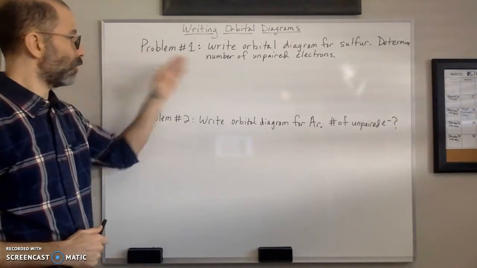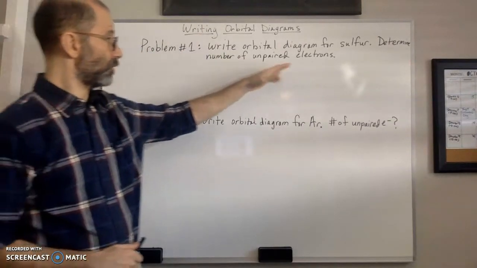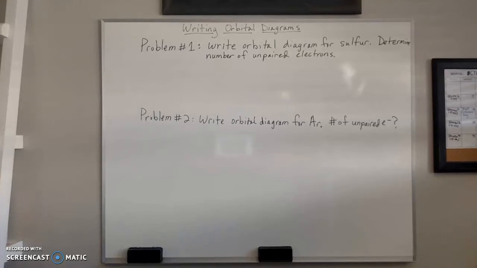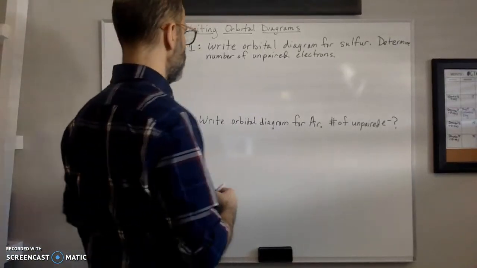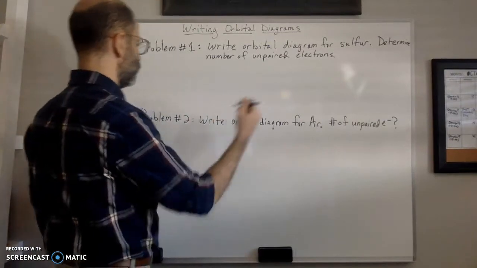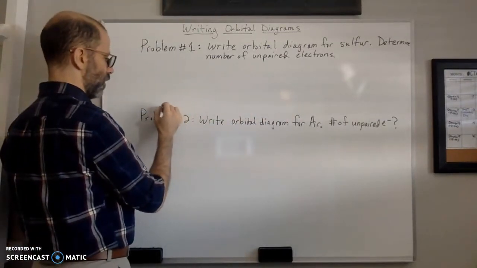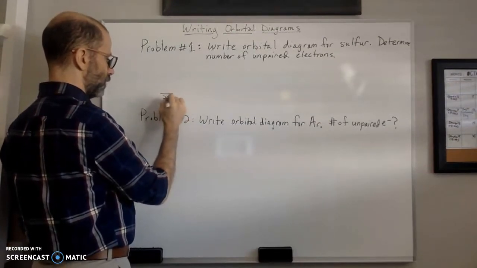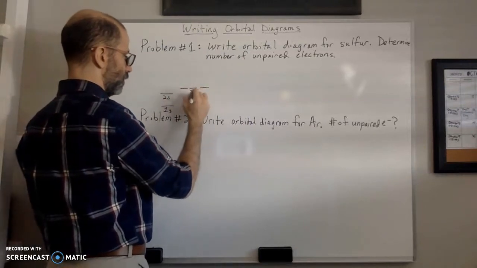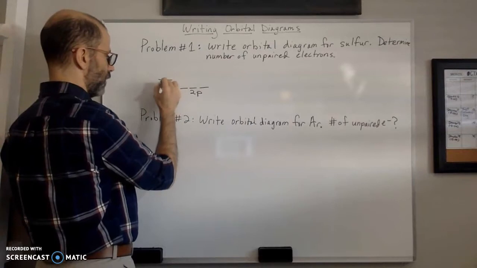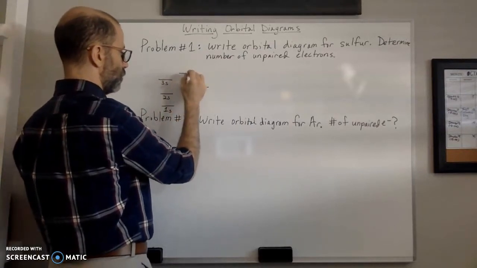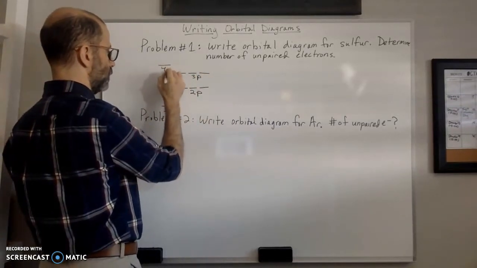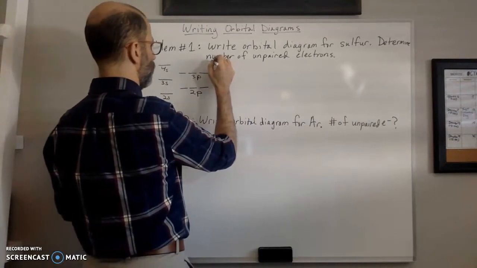Okay, so the first problem is asking you to write an orbital diagram for sulfur. So we need to know how many electrons sulfur has. So we look it up, and sulfur has 16 electrons. If we're going to do our orbital diagram, remember the 1s is the lowest, followed by the 2s, and then you have the 2p, and then the 3s, and then the 3p, and then the 4s, and then the 3d.